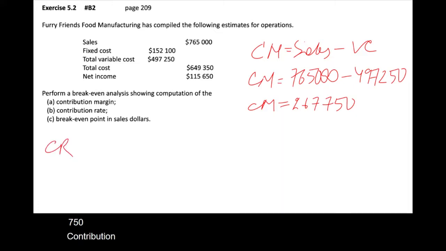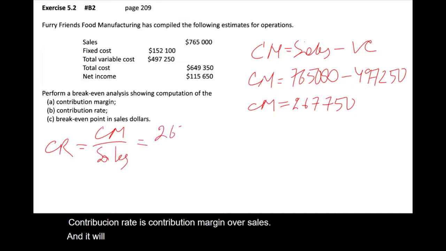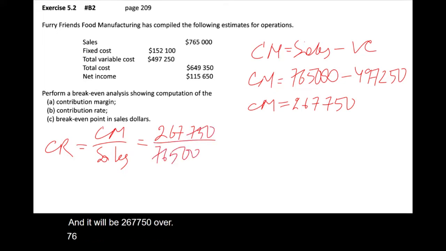Contribution rate. Contribution rate is contribution margin over sales, and it will be 267,750 over 765,000. And I have 35%. Nice and beautiful.